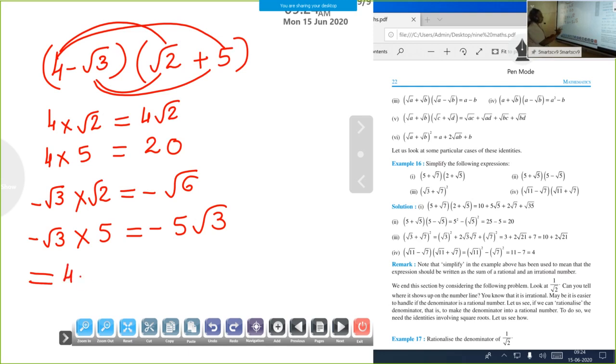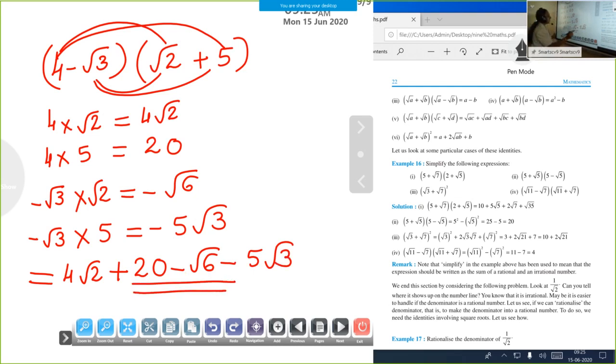First one is positive, 4 root 2, and the second one is plus 20. The third term is minus root 6, and the last term is minus 5 root 3. Here also there are no like terms, so this is our final answer: 4 root 2 plus 20 minus root 6 minus 5 root 3.